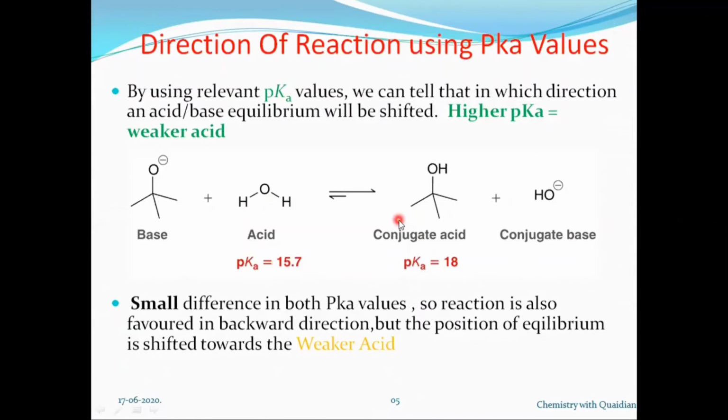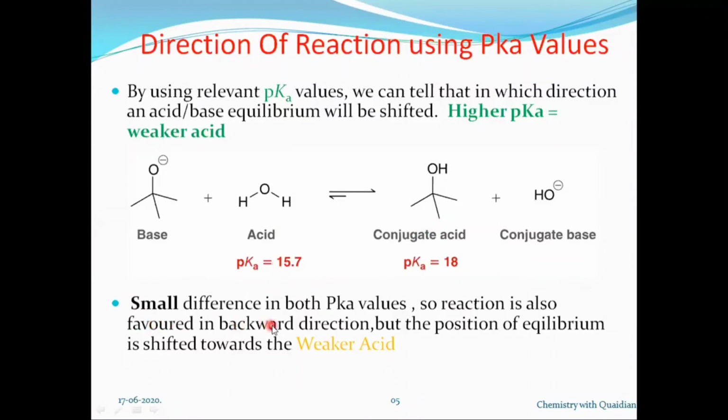Now consider the pKa values of these two acids. Here the pKa value is 15.7 and here the pKa value is 18. As the pKa value is higher, it will be the weaker acid, and water's pKa value is 15.7. This is smaller than the other, so water is a stronger acid than this acid.